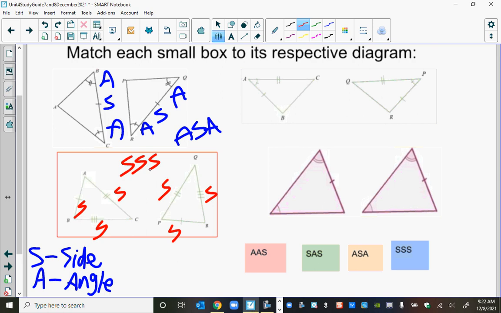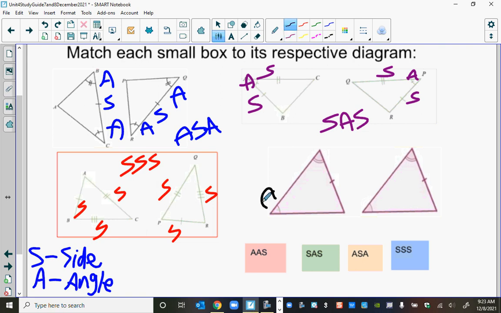Okay, what about the one on the top? We could take a guess as to what the one on the side is. It's the side angle side, exactly, Dennis. Side. Angle in the middle, side. Same thing over here. Side, angle in the middle, side. And then the last one has to be angle, side.